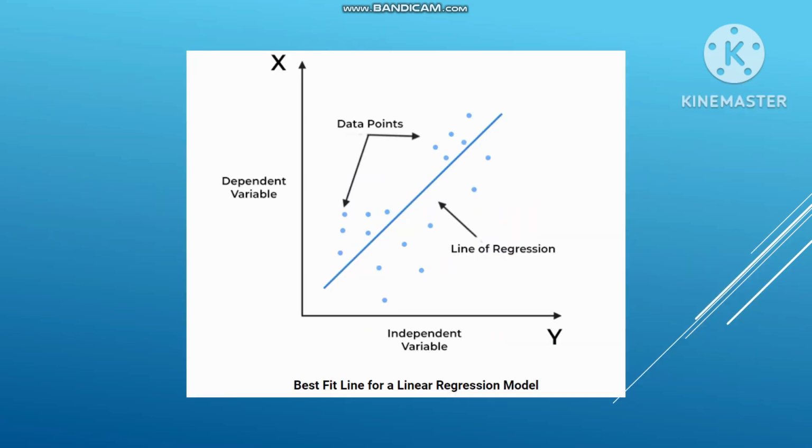These are the different values, data points. We try to find a line that best fits the model, and it is linear in nature. Linear in nature means as the value of x increases, the dependent variable value also keeps on increasing. So this is the linear relationship.